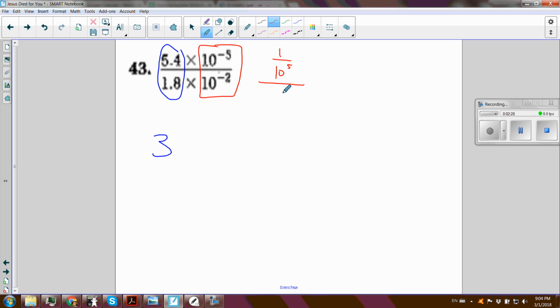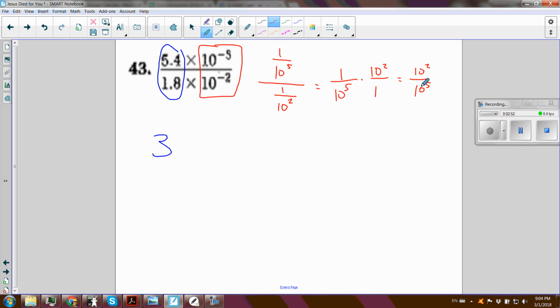If I'm dividing that by 1 over 10 squared, dividing by a fraction, that's 1 over 10 to the 5th multiplied by the reciprocal of what you're dividing by, multiplied by 10 squared over 1. So I get 10 squared over 10 to the 5th.